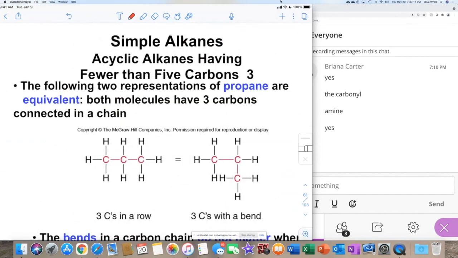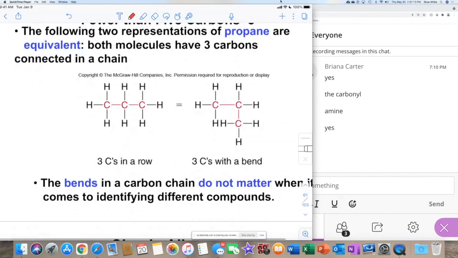Oh, we talked about this yesterday when we were talking about isomers. So we're told here, this molecule is exactly like this molecule because technically these carbons are in a row, right? These are in the same row, and this one is bent. But think about it this way. As I was trying to make sense of organic chemistry, I came up with a lot of very imaginative stories.